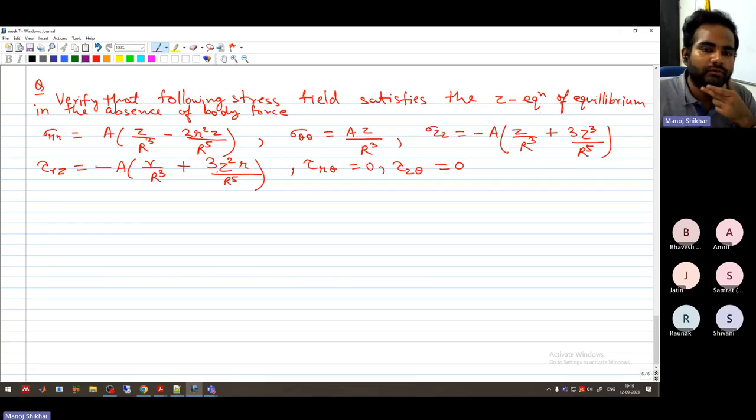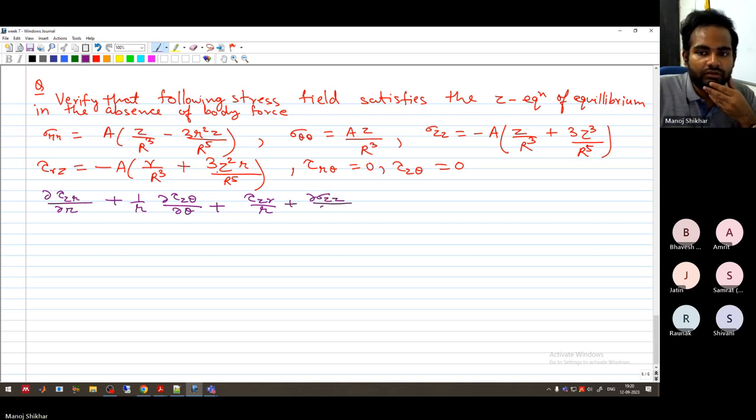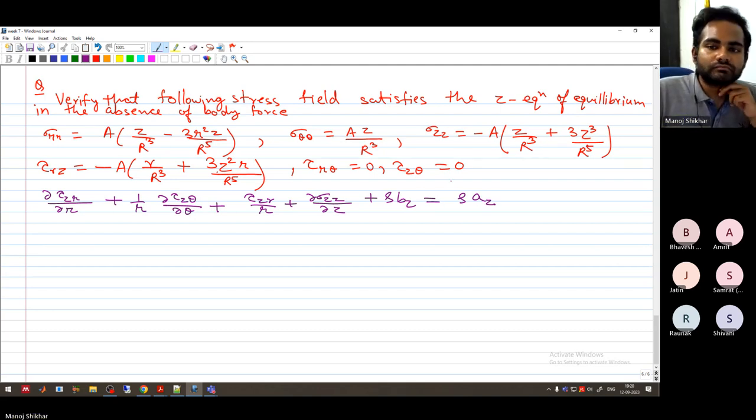So first you should know the Z equilibrium equation. The Z equilibrium equation is: del tau ZR upon del R plus 1 by R del tau Z theta upon del theta plus tau ZR upon R plus del sigma ZZ upon del Z plus rho BZ equal to rho AZ.